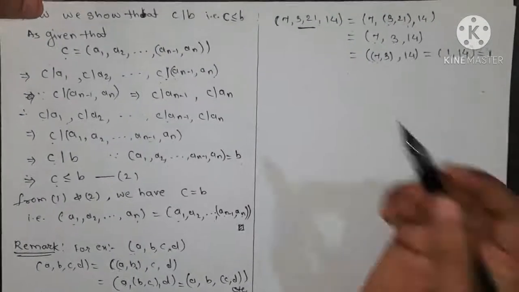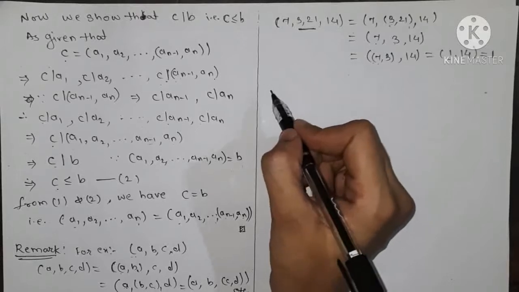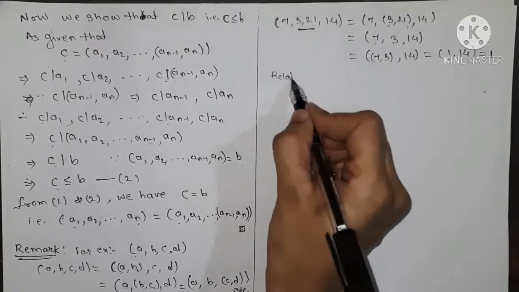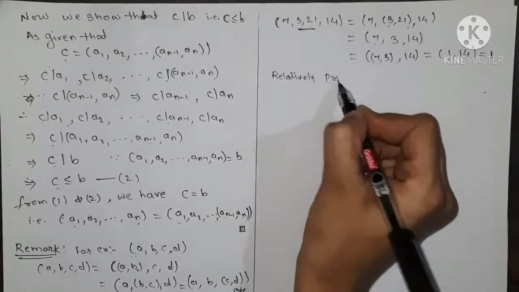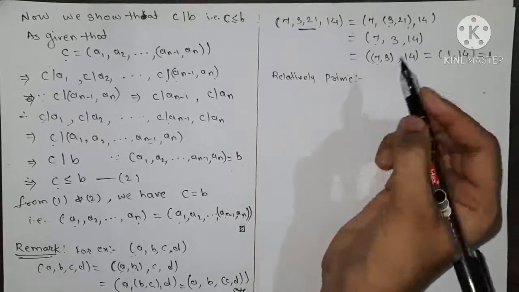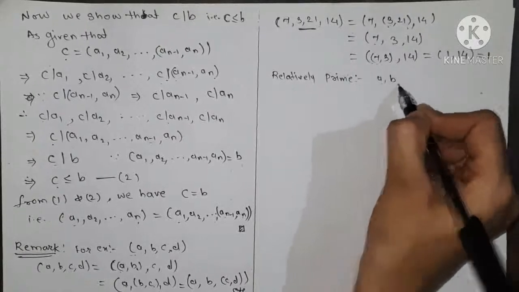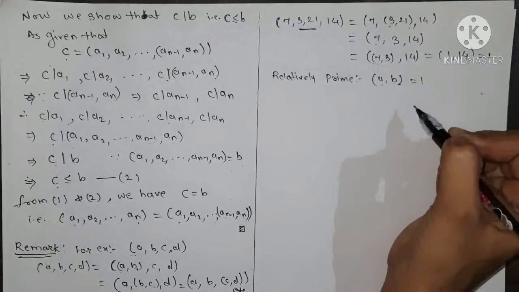Now, as we saw in the last lecture, the definition of relatively prime integers: what does it mean? Just recall this definition. We call the numbers a, b relatively prime if the GCD of a, b is equal to 1.